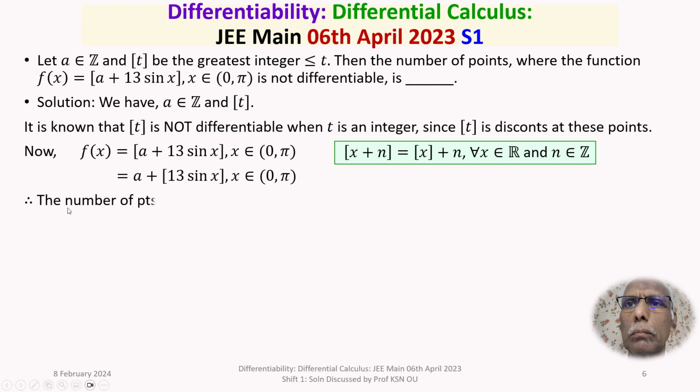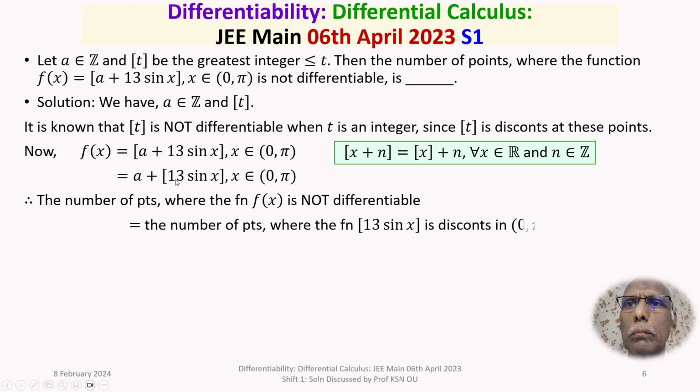So the number of points where the function is not differentiable is equal to the number of points where the function [13 sin x] is not differentiable. That means it is not differentiable if it is discontinuous in (0, pi). So the number of points where this given function f(x) is not differentiable is equal to the number of points where [13 sin x] is discontinuous in (0, pi).